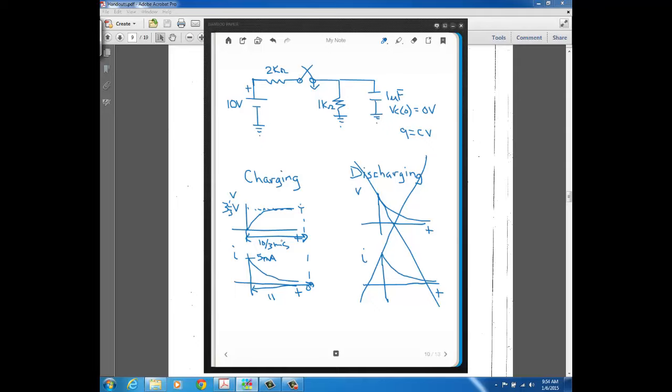Now if it's charging, it's going to be this set of exponentials like we talked about. If it's discharging, it's going to be these set of exponentials. But no matter what kind of first order circuit I have, the various components, the way they're connected in that circuit, they're not going to alter the form of the waveforms. And we're always going to get exponentials.